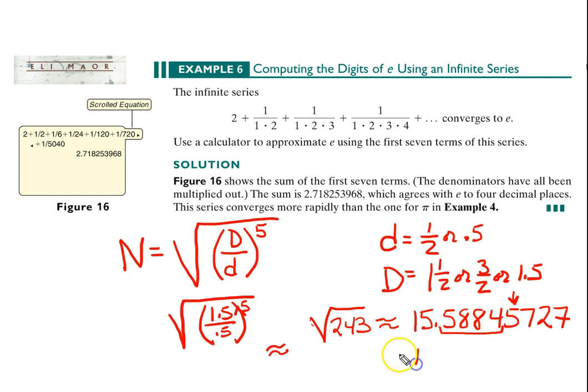So our final answer here, and this would just be an approximation, is 15.5885, as we add 1 to the 4 and we drop this. Now if this were a 4, we would just drop it and not add a 1 to the 4. So a little background.